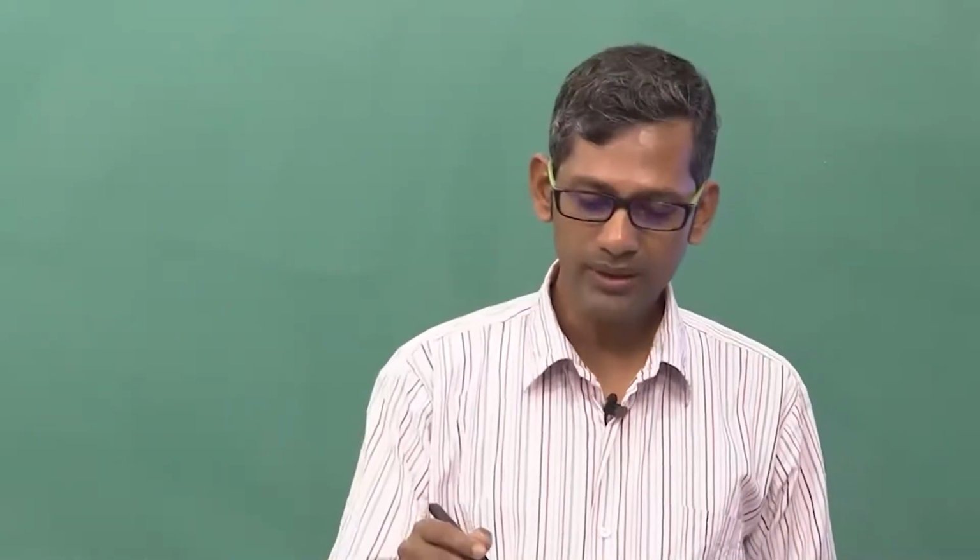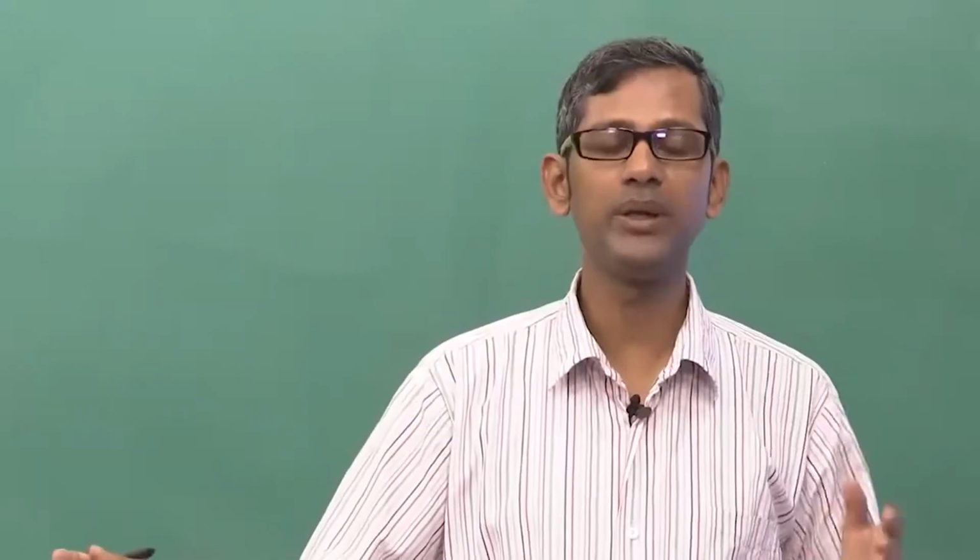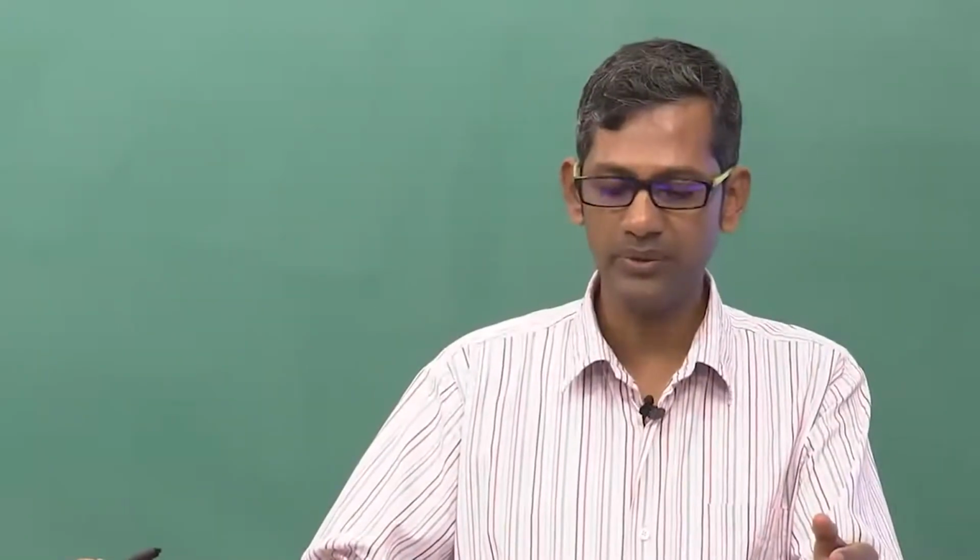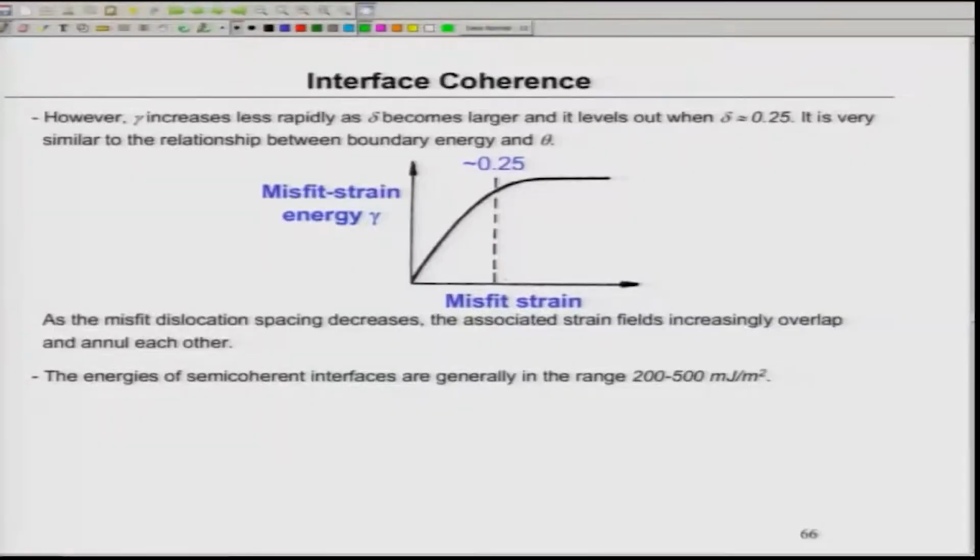So, that is why you see the misfit strain is about 0.025, sorry 2.5%, not 25%. At 2.5% misfit strain the interface energy normally increases, after which it becomes constant. Energy of a semicoherent interface is normally 200 to 500 millijoule per meter square.